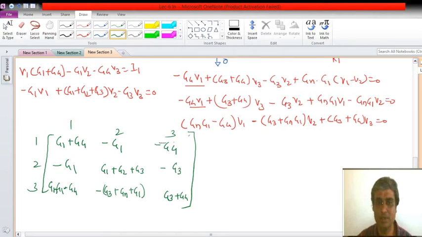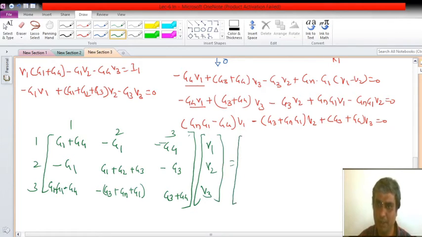This will be equal to V1 0, V2 0, V3 0 with respect to reference, and this will be equal to I1 0 0, right?